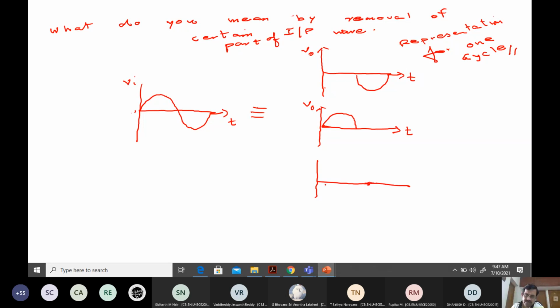And then this is also possible. For example, the input signal can be modified, shaped like this. This is also possible. Alternatively, I can also do this way: on the half cycle the output follows the input, and on the second half, the negative half of the cycle, I will get something like this.